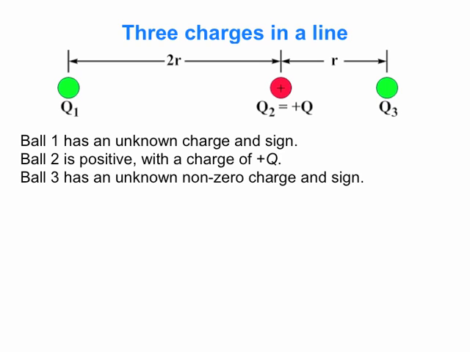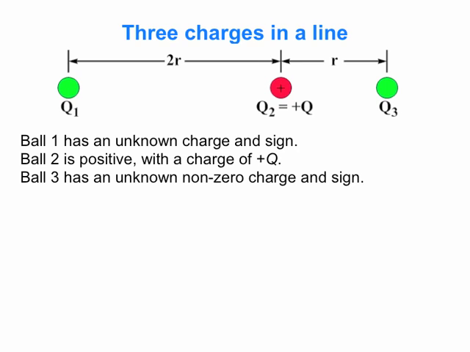Ball 2, we know everything about it. We know where it is, we know that it's a positive charge, and the magnitude of the charge is Q. So it's plus Q is the charge. Ball 3 is similar to ball 1. We know for certain that it's got a non-zero charge, but we don't know what the sign is. We do at least know where all the balls are.